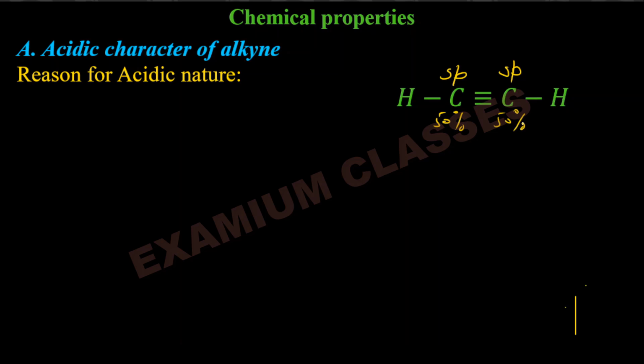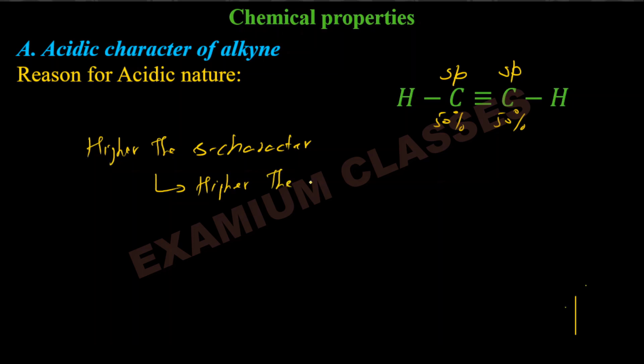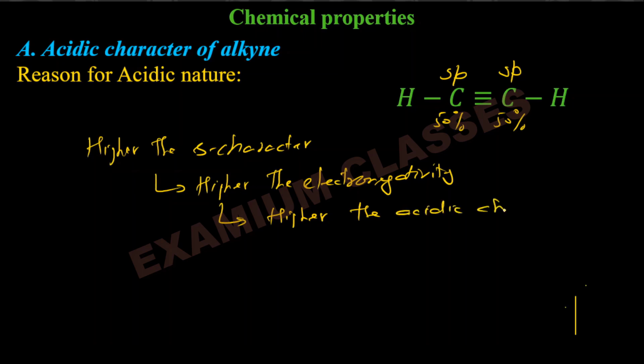And the rule is, the higher the S character, higher the electronegativity, higher the acidic character. I will tell you why.